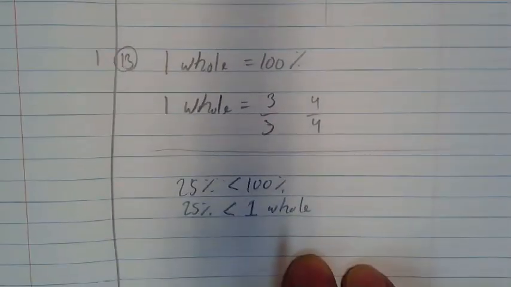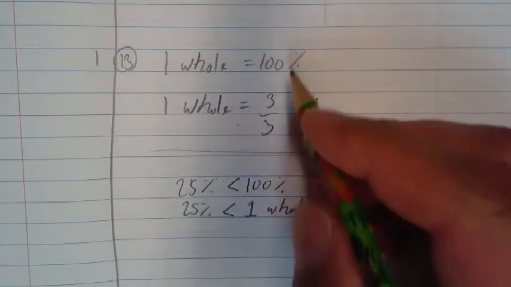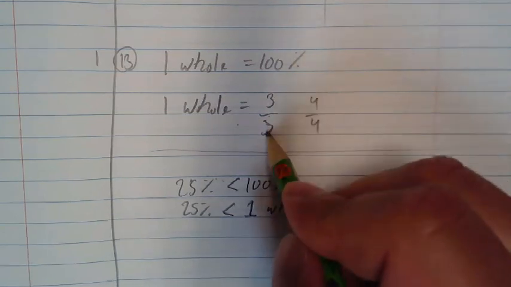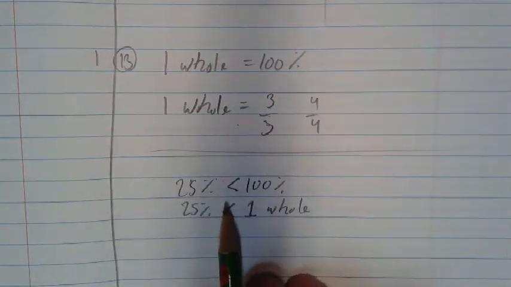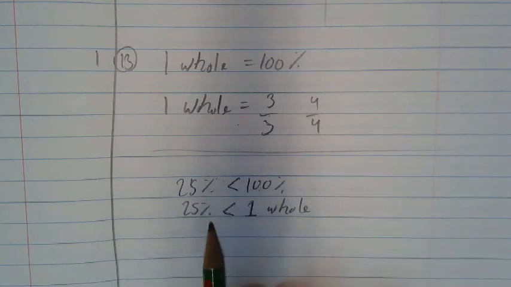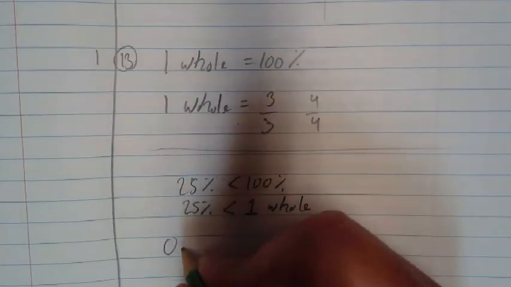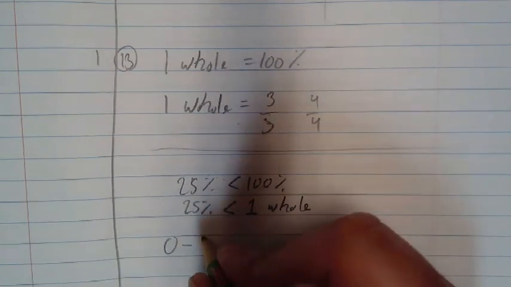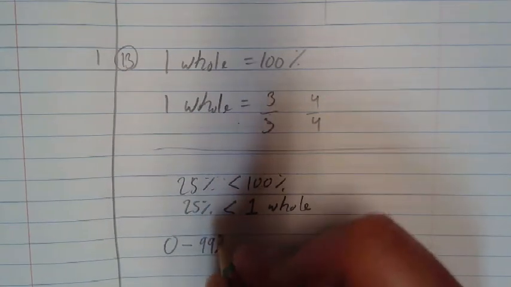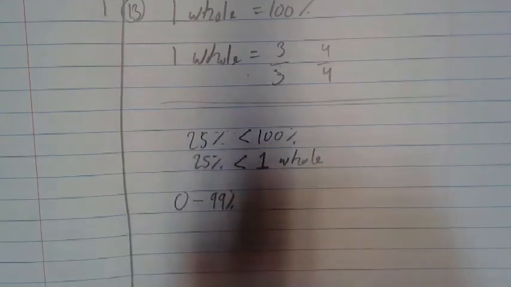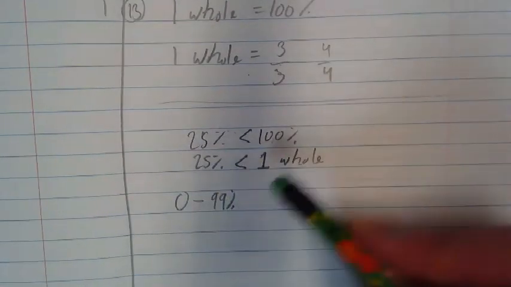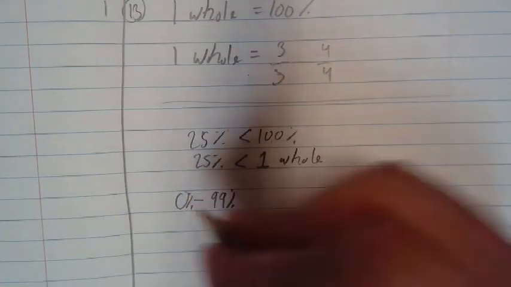Again, one whole, 100%. One whole, numerator and denominator the same. When something is less than 100%, that's less than one whole. It could be any number from 0 to, and again, I'm just thinking about whole numbers if you want to think of it this way, anything between 0 and 99.9999999, however you want, as long as it doesn't get to 100.